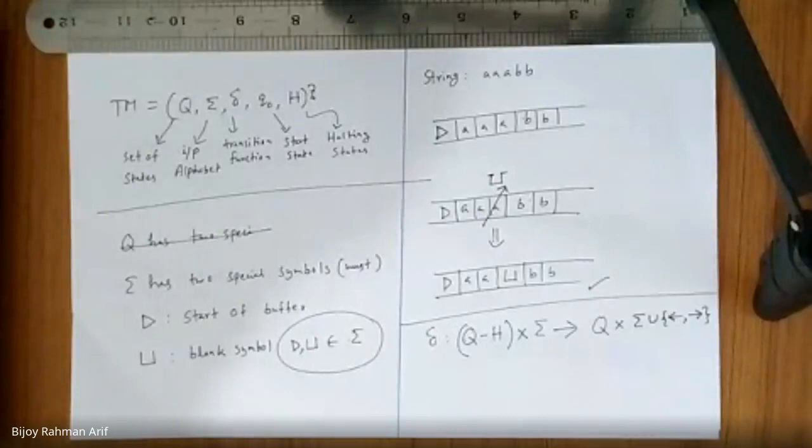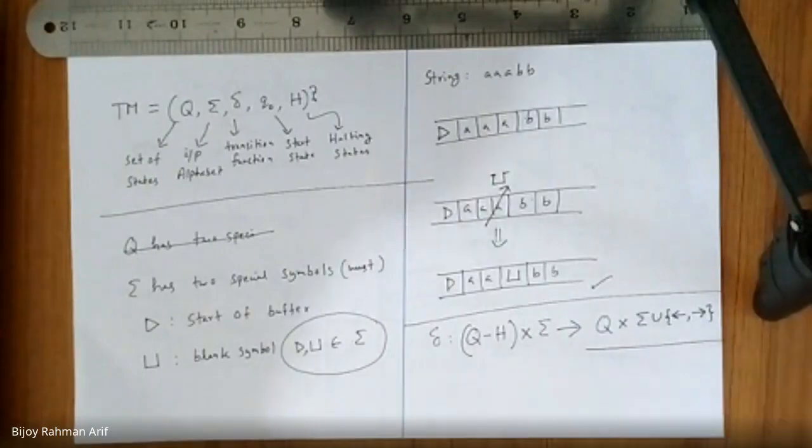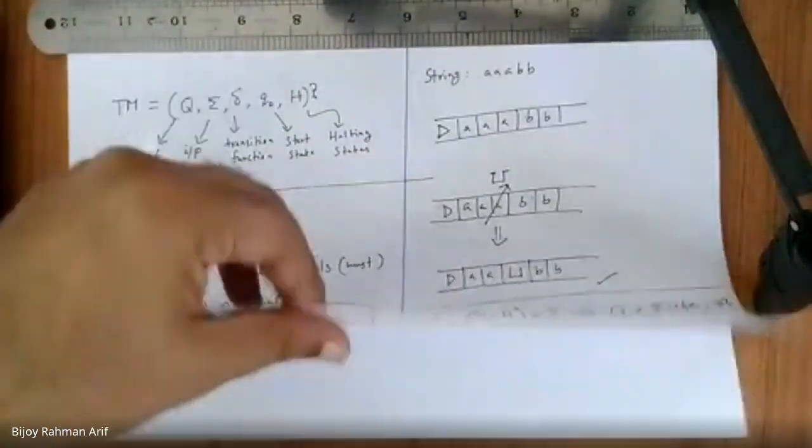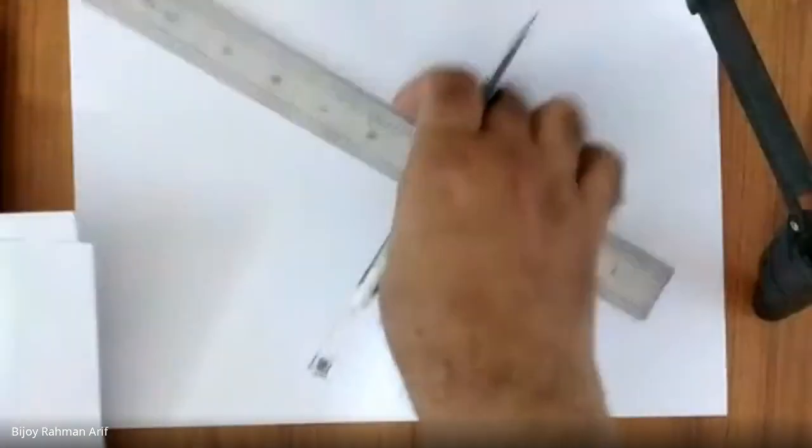Did you get it? There are two arrows there. Now, what is an arrow? The arrow means move freely. Good. So let's do this.